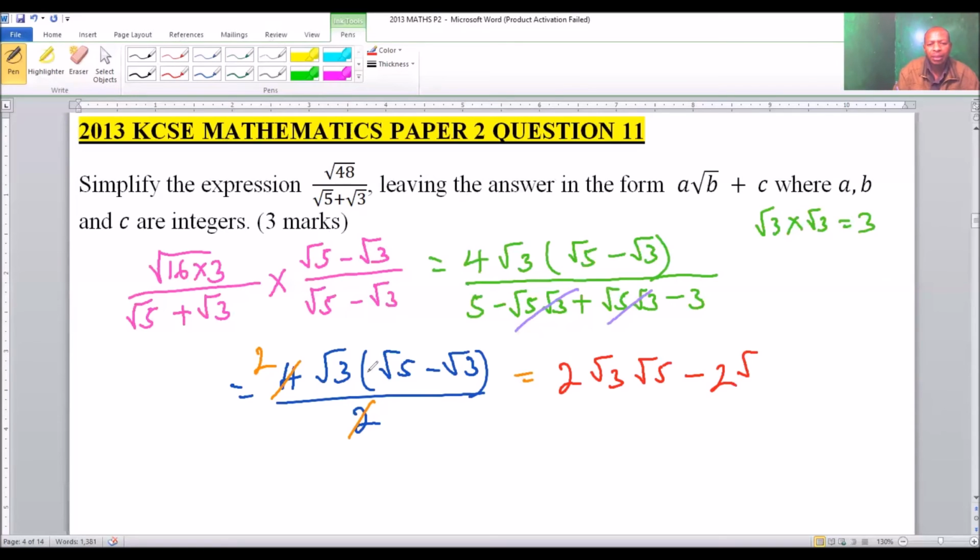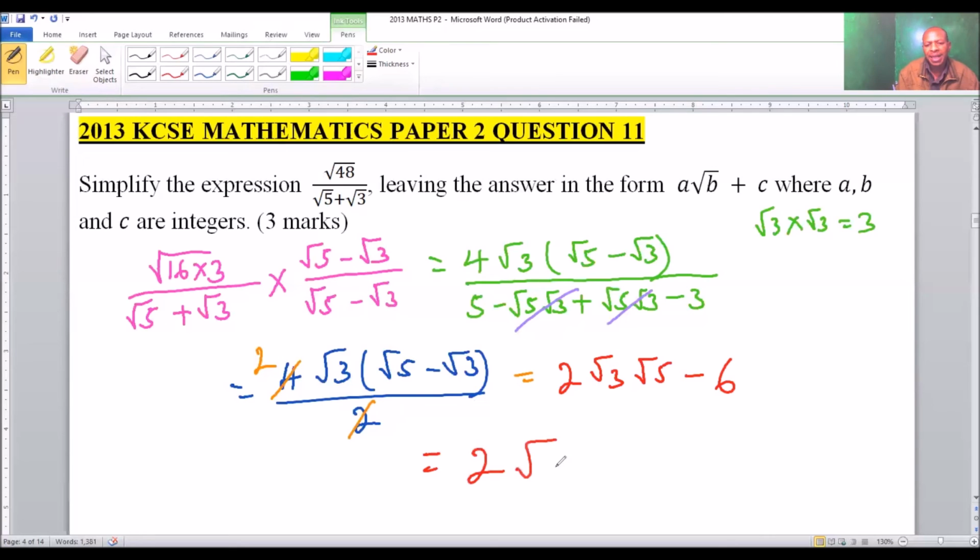Root 3 multiplied by minus root 3 will give us minus 3. And so we multiply 2 times 3, we get 6 there. And this is divided by 1, so we don't need to put that.